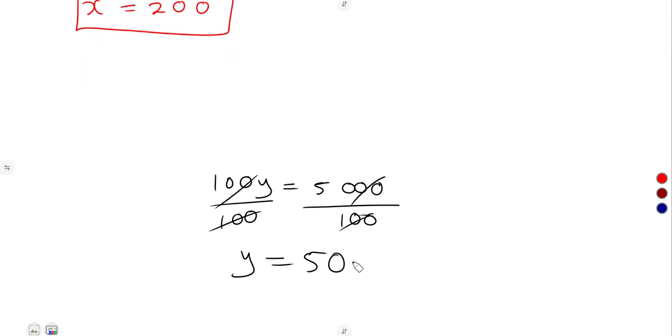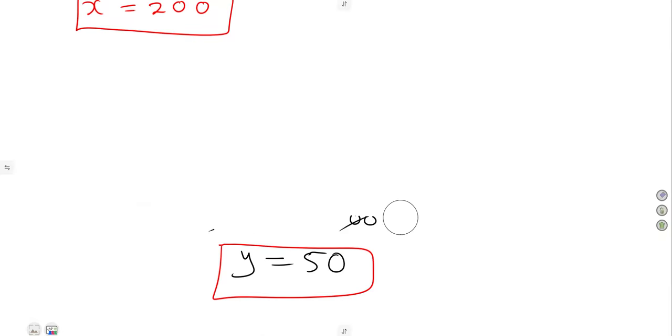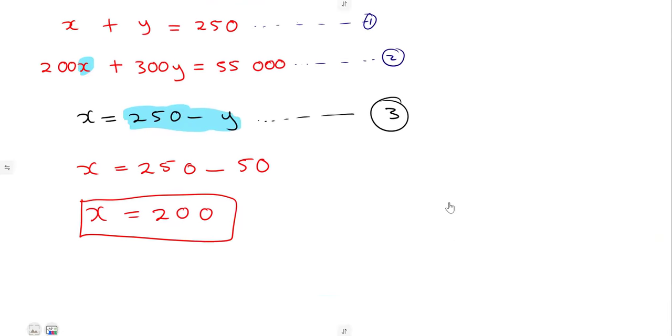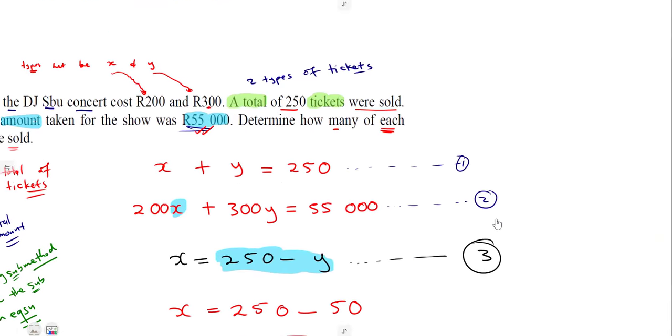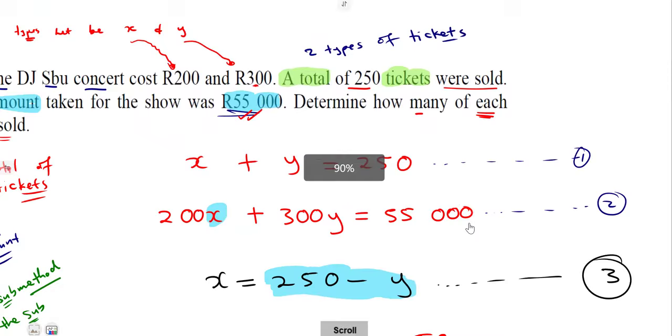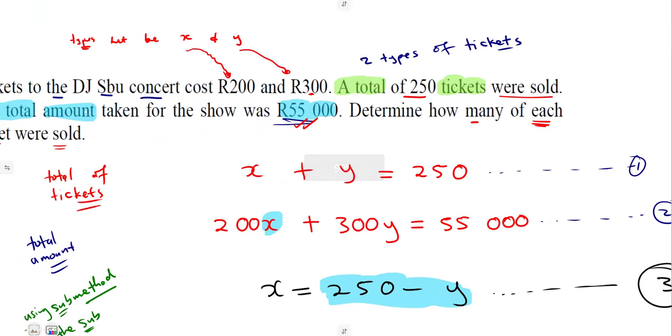So x is 200. Y is equal to 50. Remember, these are the types of tickets: X represents the 200 Rand tickets.